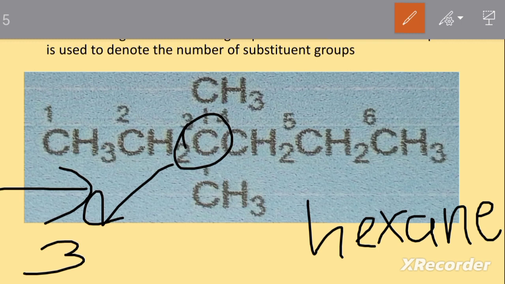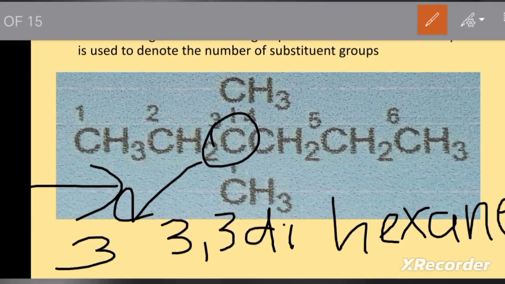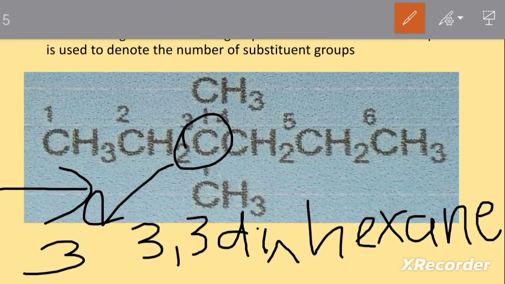Right? And then to the third carbon atom, 2 methyl groups are attached. So I can write 3,3-dimethylhexane. Why do I write it as 3,3-dimethylhexane?